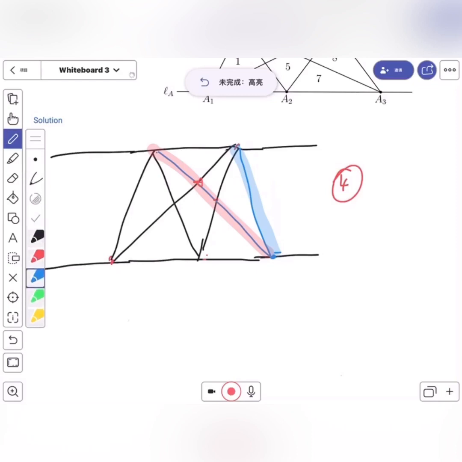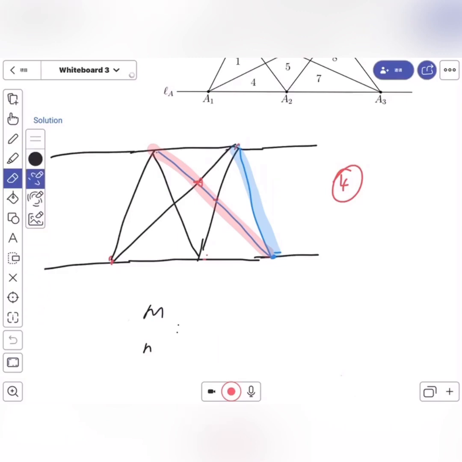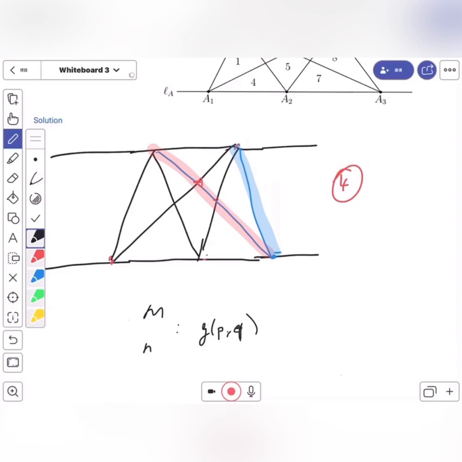So now let's think about the condition in which two lines will intersect in such a diagram with m and n. Let's say we define a line which starts at P and ends at Q. For PQ, we define G of PQ to be the number of intersections.